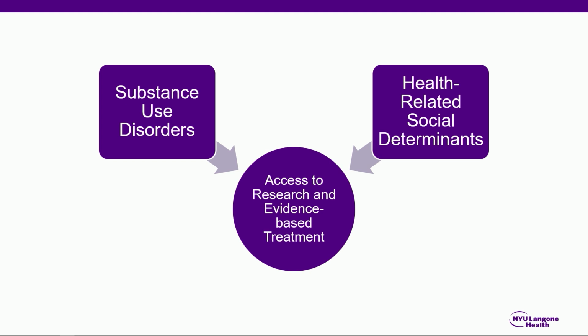And really what we're talking about, in the Venn diagram, is substance use disorders and health-related social determinants. There's a big overlap, and they definitely affect access to research and best evidence-based treatment.